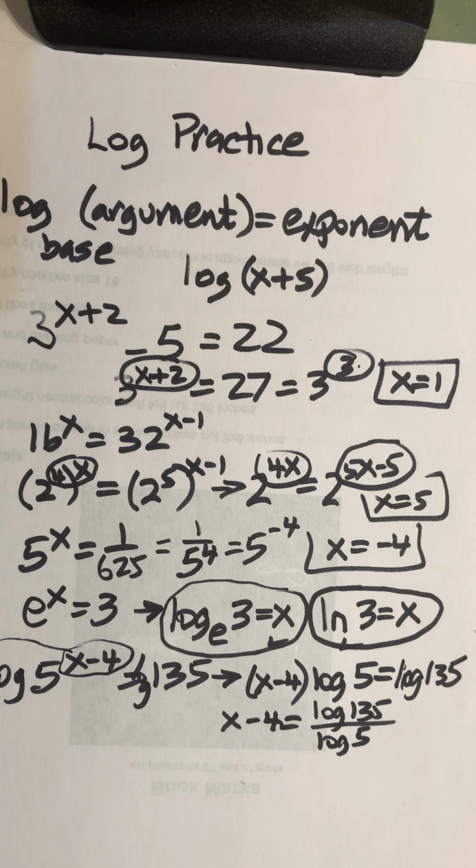The calculator I'm using doesn't have that capability, so I'm going to take the log 135 and divide it by the log 5. And I get 3.05.